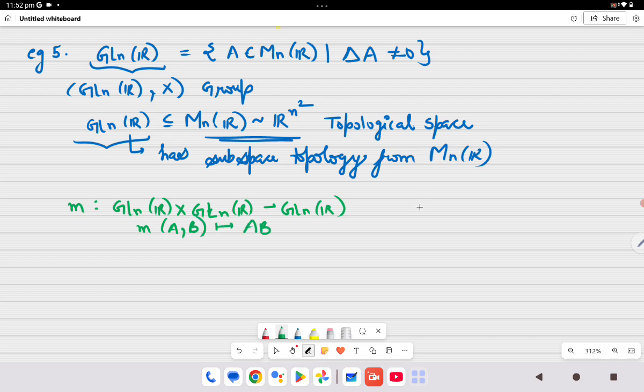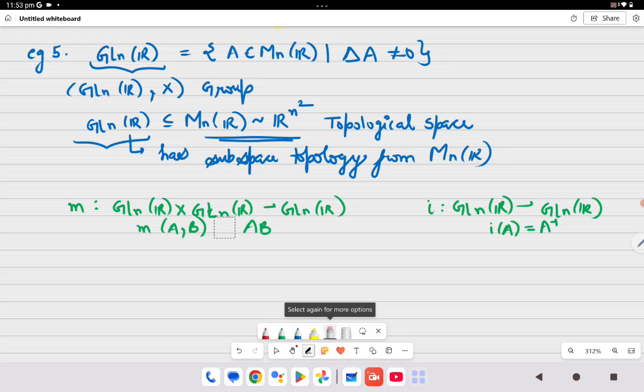Here the operation is product, and the inversion where I of A is mapped to A inverse. Okay, यहाँ पे I should be writing equal to sign instead of this.